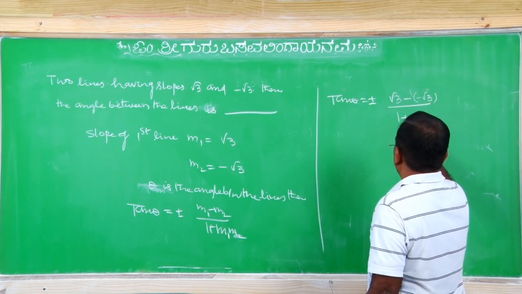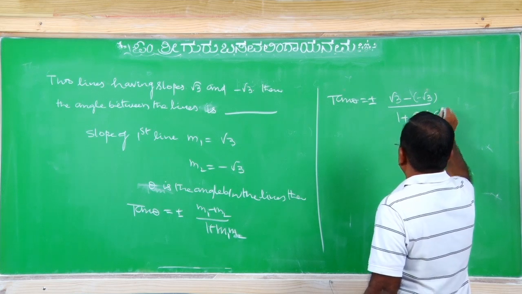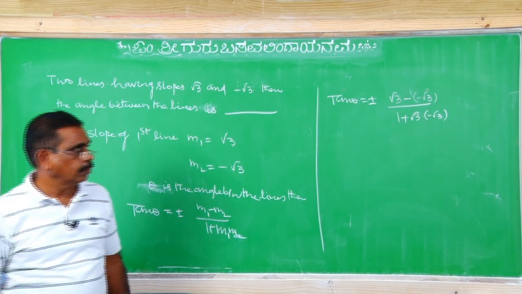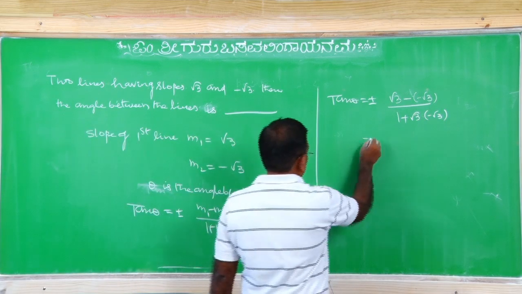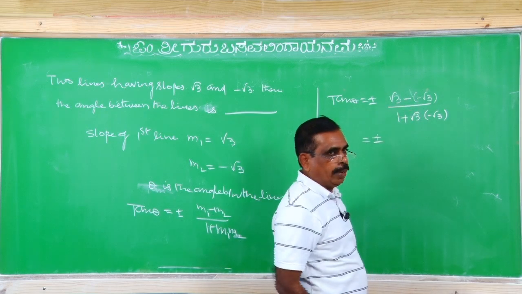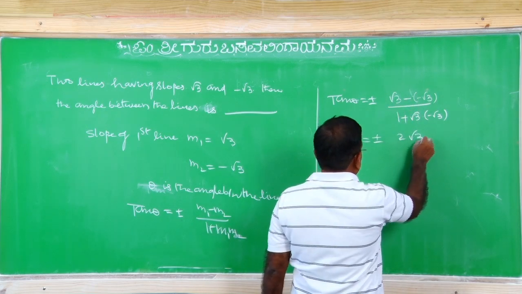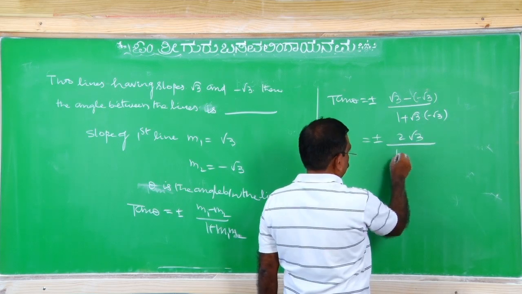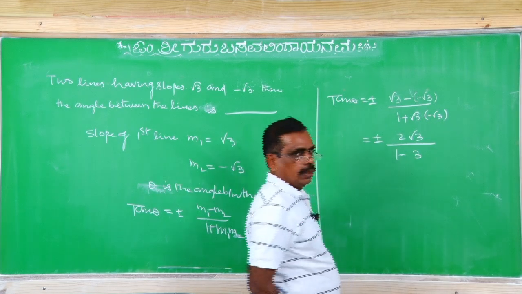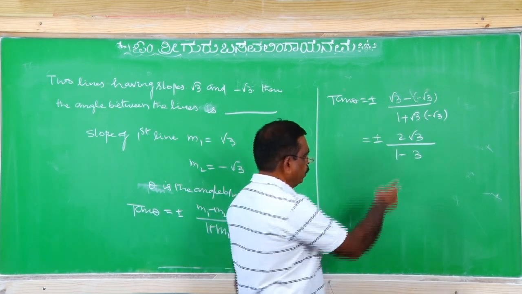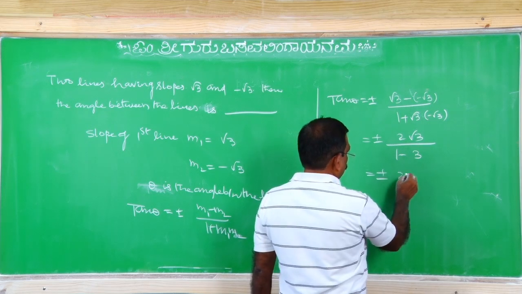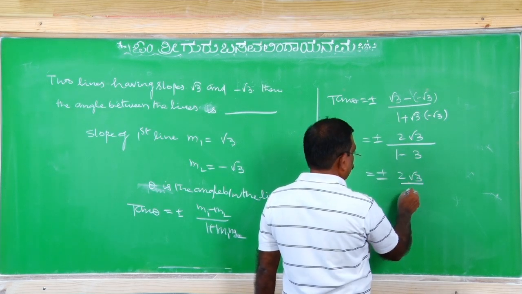Root 3 into minus root 3 is minus 3. So we get plus or minus 2 root 3 by 1 minus 3, which is 2 root 3 by minus 2.